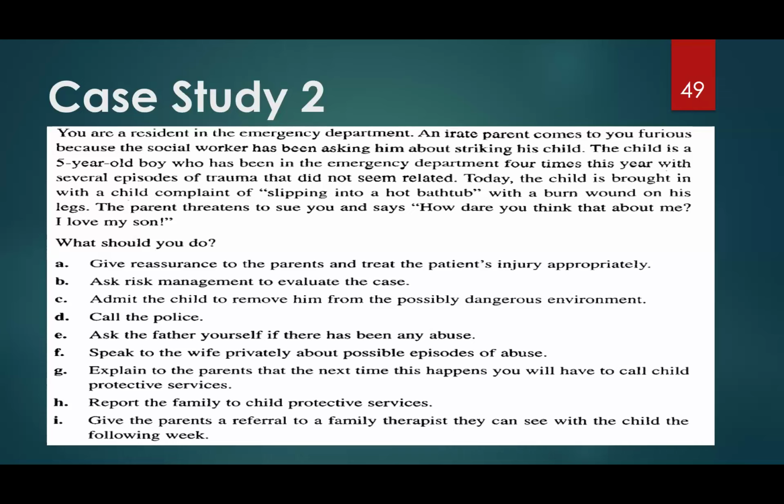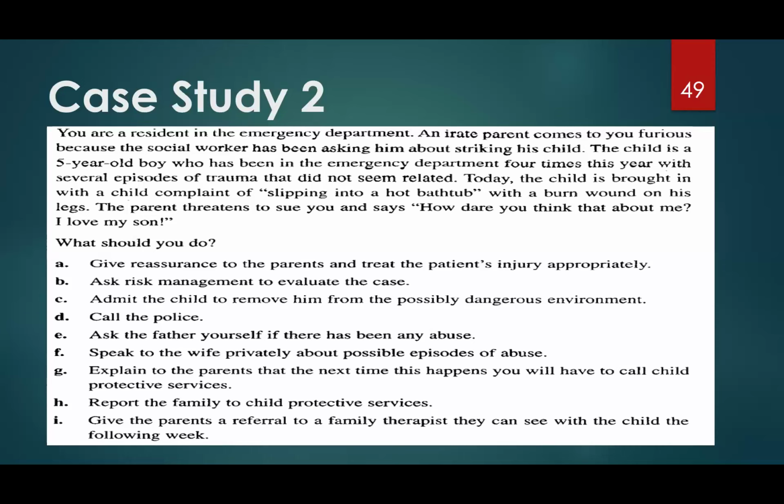Give reassurance to the parents and treat the patient's injury appropriately. Ask risk management to evaluate the case. Admit the child to remove him from the possibly dangerous environment. Call the police. Ask the father yourself if there has been any abuse.